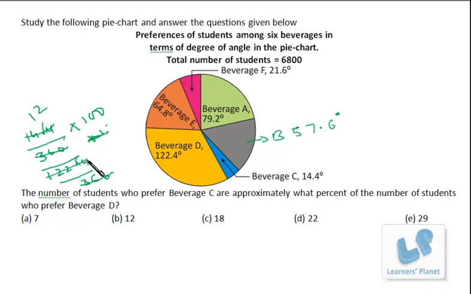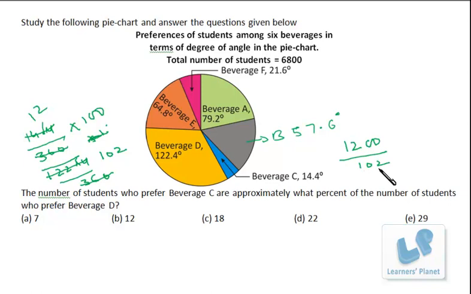So this is the final situation. 1200 by 102. So 1200 is more than 10 times of 102. 102's 10 times is 1020, but it is less than 15 times or maybe 18 times.